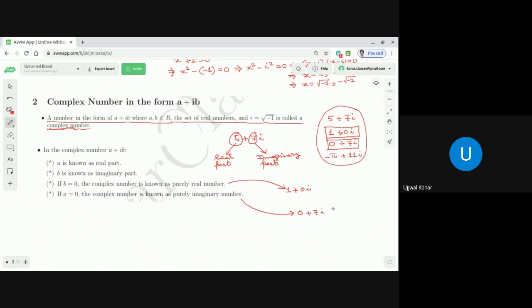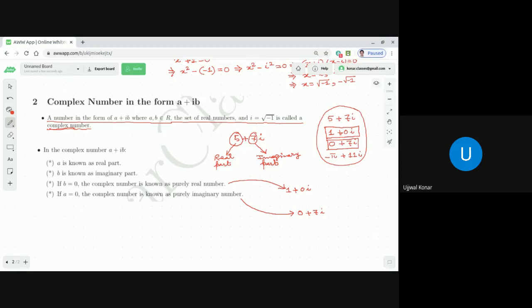In this, we see that a is equal to 0, and we define this number as a purely imaginary number because the real part is 0. So in a complex number like a plus ib, there is a real part and an imaginary part. The part before the plus sign is called the real part, that is a. And the number which is multiplied with i, that term is known as the imaginary part.